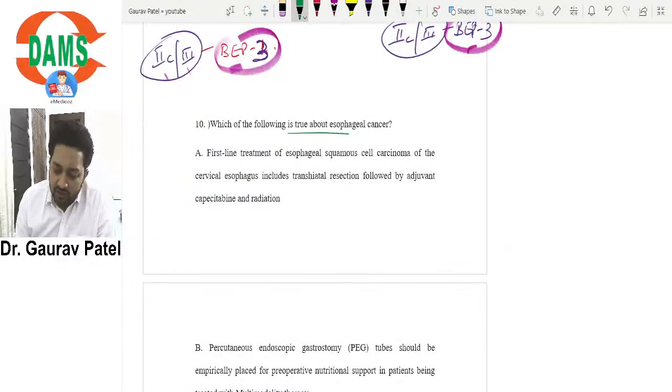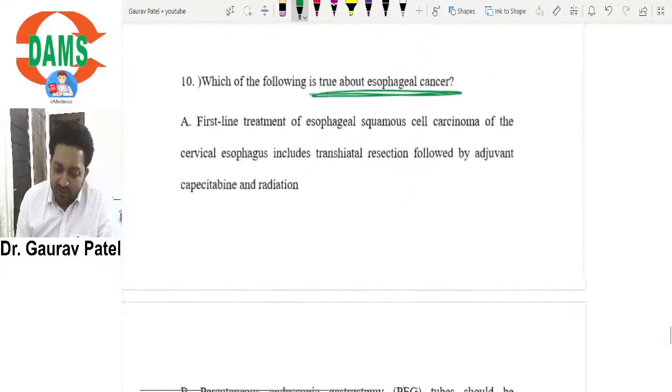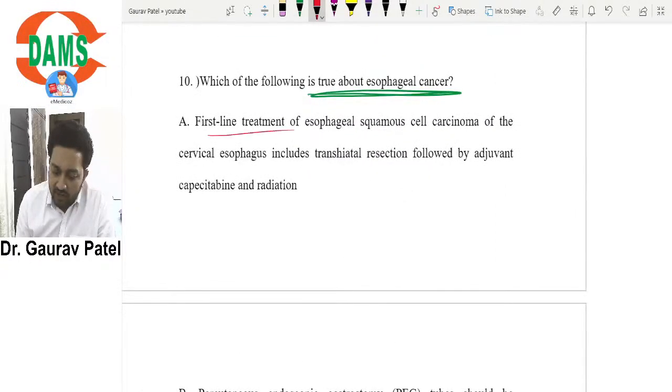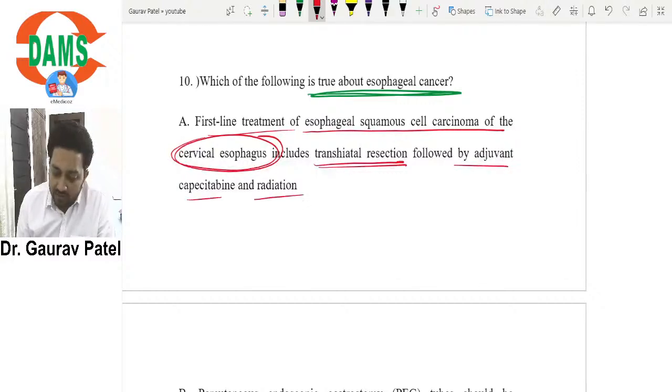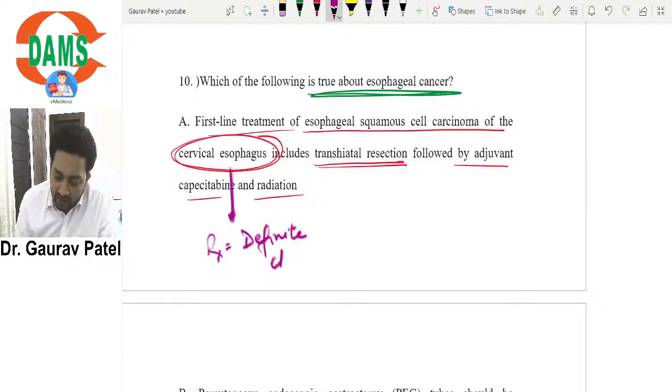Which of the following is true about esophageal cancer? The last question. First-line treatment of esophageal squamous cell carcinoma of the cervical esophagus includes transhiatal resection followed by adjuvant capecitabine and radiation. First of all, for cervical esophagus, the treatment is definitive chemoradiation.